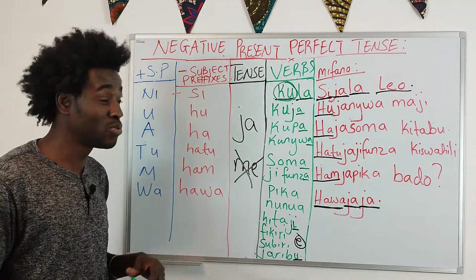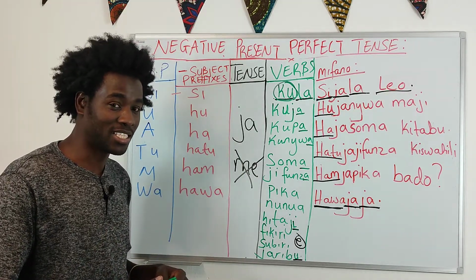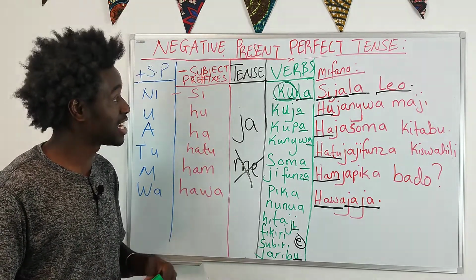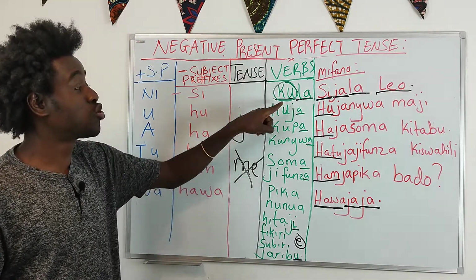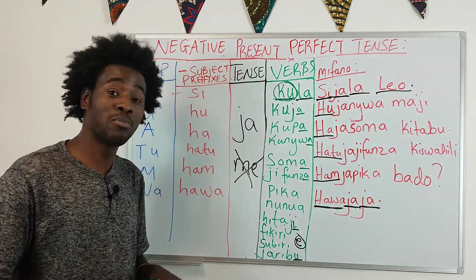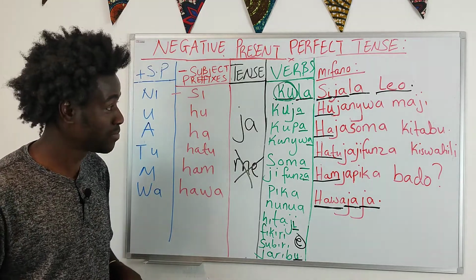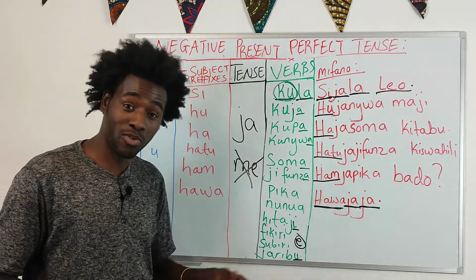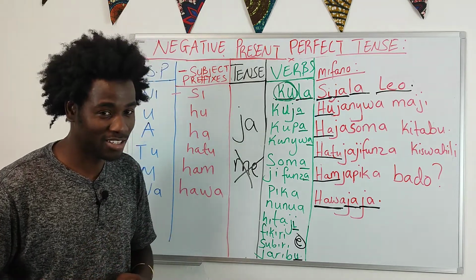And rule number 2, use ja as the negative tense. So ja as the negative present perfect tense. And of course, drop ku, in both monosyllabic verbs and non-monosyllabic verbs. And rule number 4, which is the last rule, don't change the last vowel.